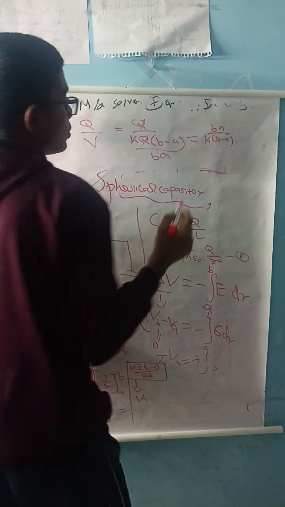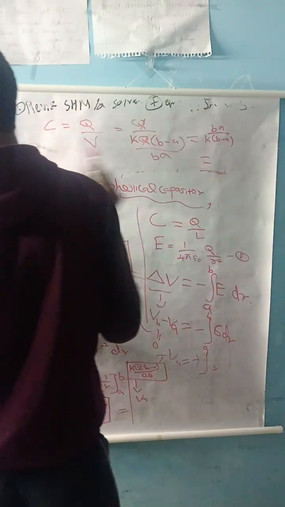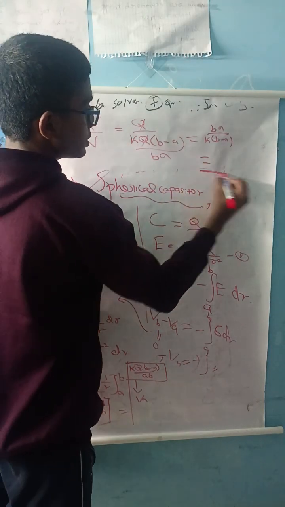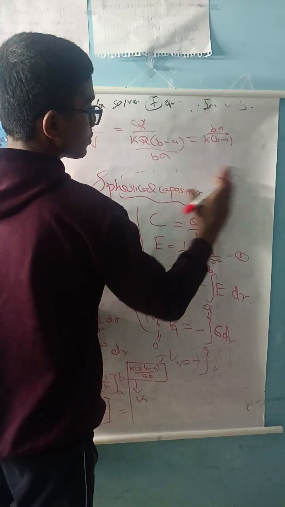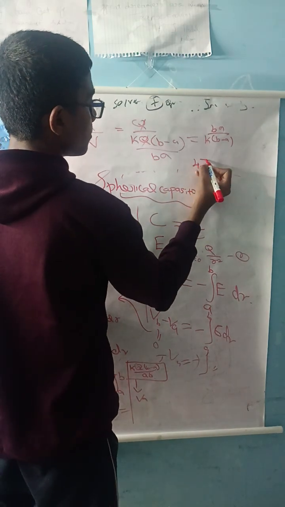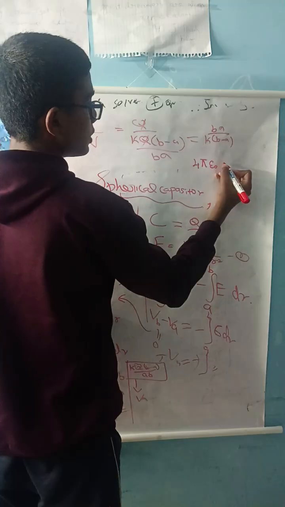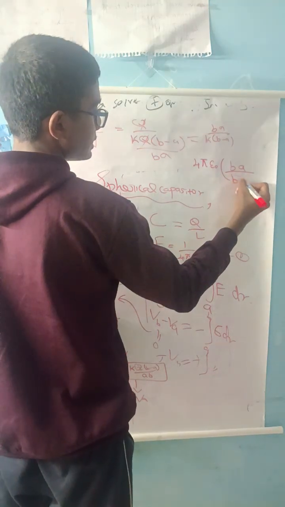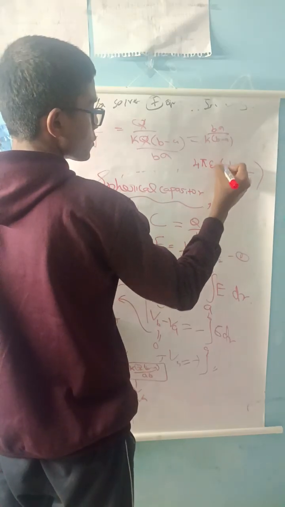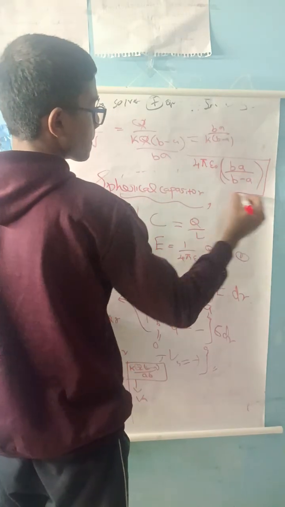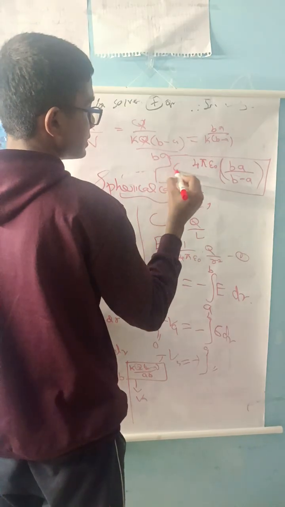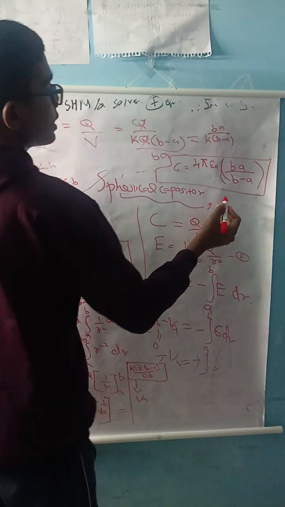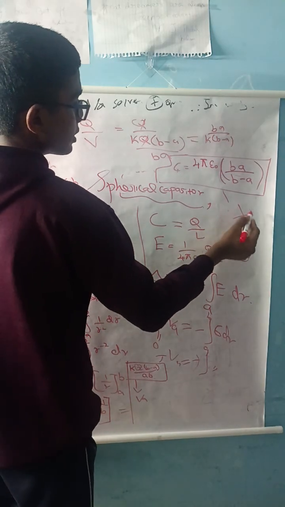Let's substitute the k value over here, so that 1 by k is 4 pi epsilon naught, so that we can memorize it easily. This is the equation for the capacitance of a spherical conductor.